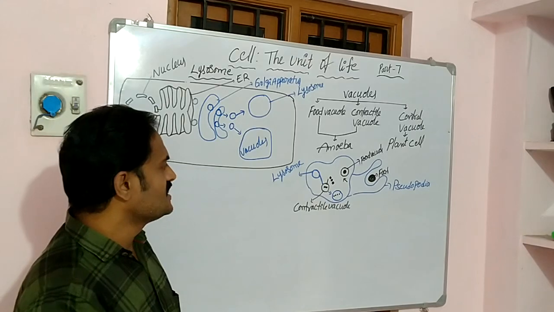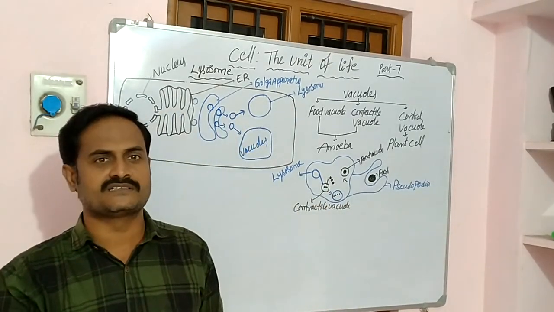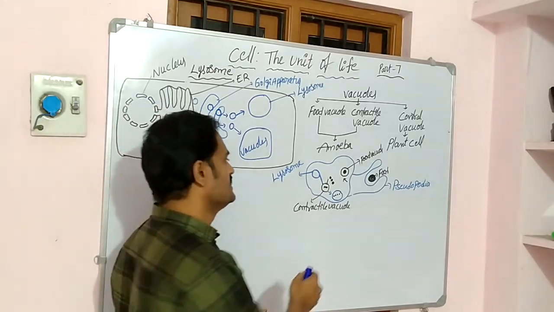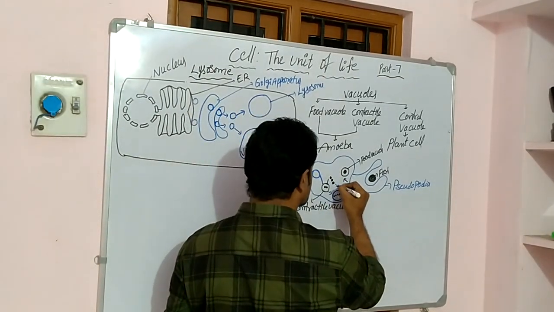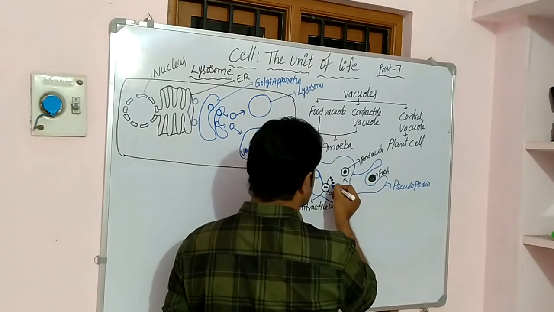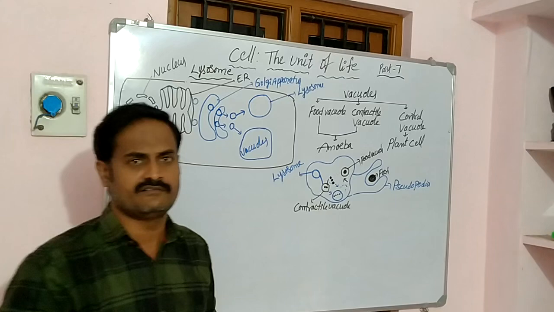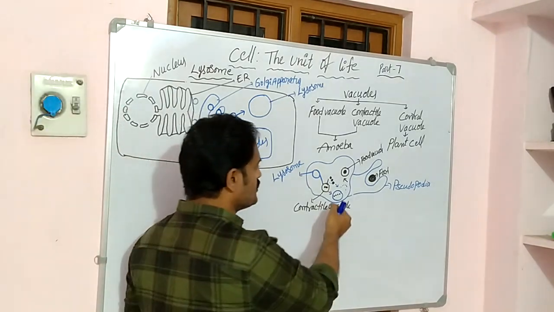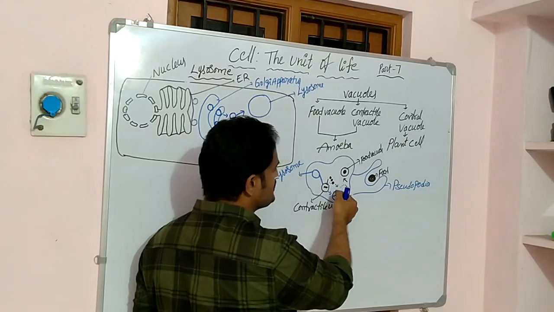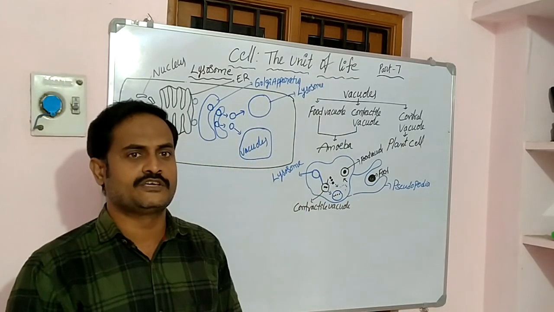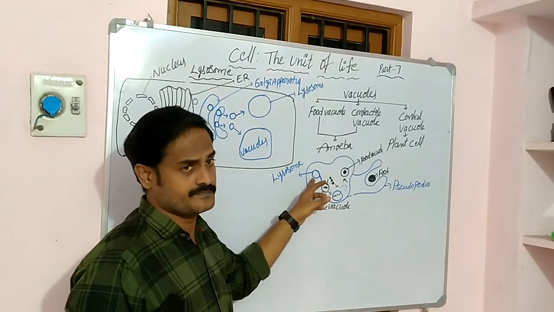Which kind of substances are these? Waste materials, remember. The useful substances are given to the cytoplasm, and only the waste enters into the contractile vacuole. The contractile vacuole is combined with the lysosome.